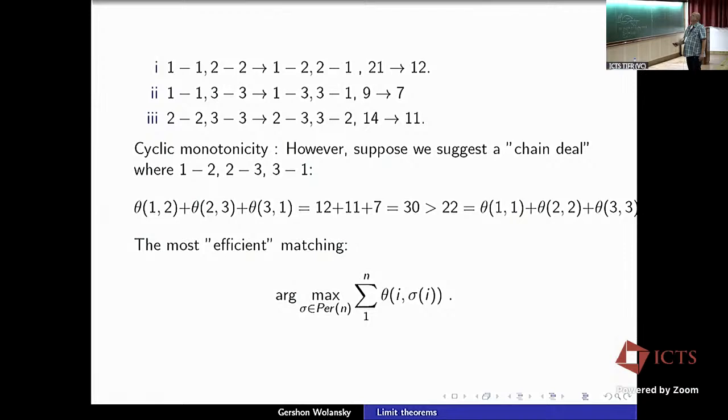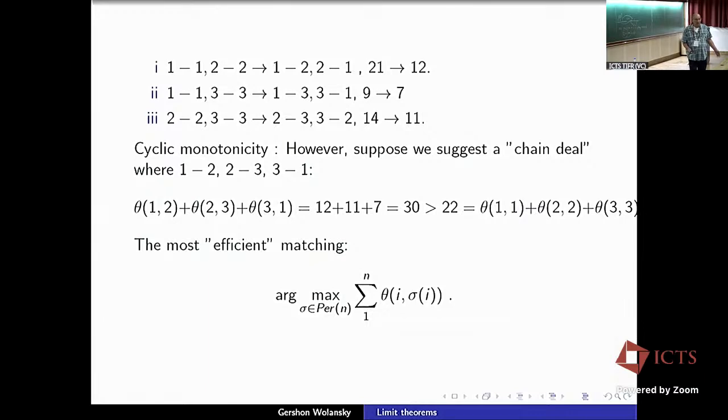The sum of the rewards will be 30, against 22 in the previous matching. So this matching, 1 to 2, 2 to 3, 3 to 1, is more efficient because it maximizes the total benefit, the total reward that they can get over all possible matchings.